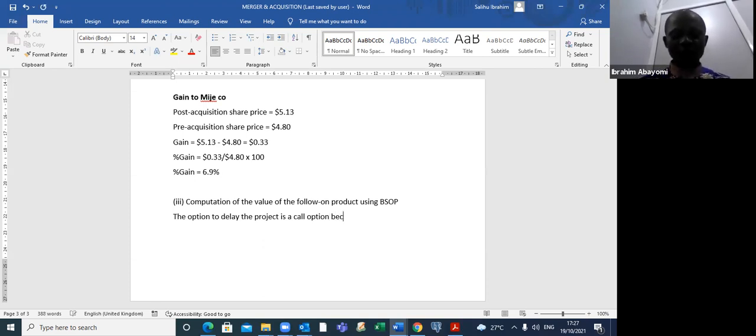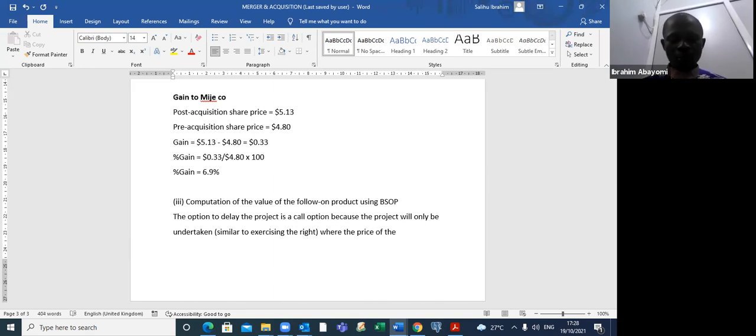Because the project will only be undertaken, similar to exercising the right, where the price of the underlying asset is greater than the exercise price.